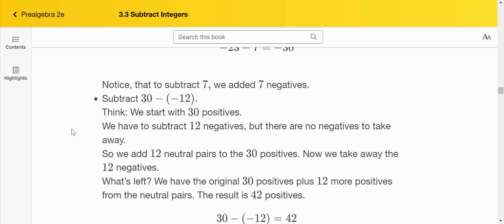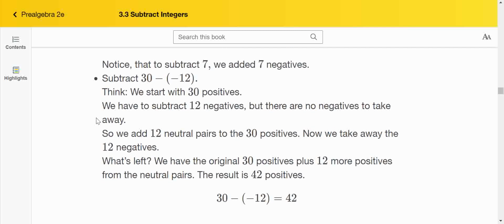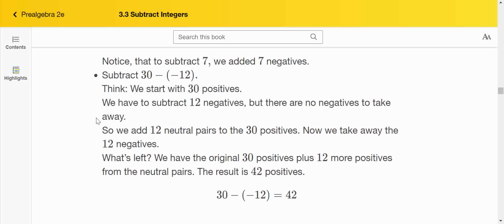Subtract 30 minus minus 12. Think, we started with 30 positives. We have to subtract 12 negatives, but there are no negatives to take away. So we add 12 neutral pairs to the 30 positives. Now we take away the 12 negatives. What's left?